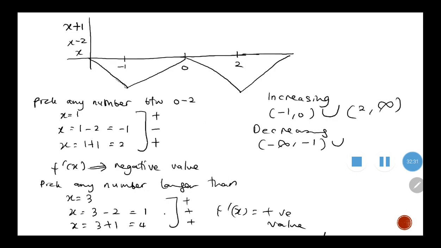And decreasing is from 0 to 2. I hope you can understand this. I really do.